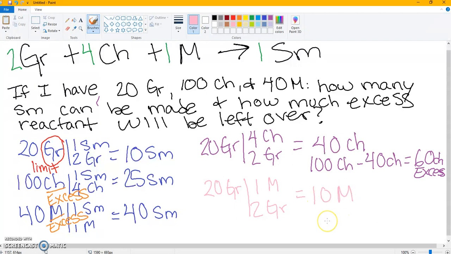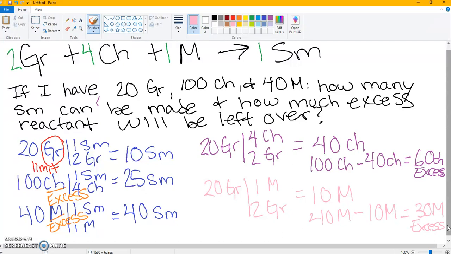Look at that. It's the same as my other way. And I'm going to take my initial, 40 marshmallows, minus the 10 marshmallows that were used, and that gives me 30 marshmallows in excess. Okay?